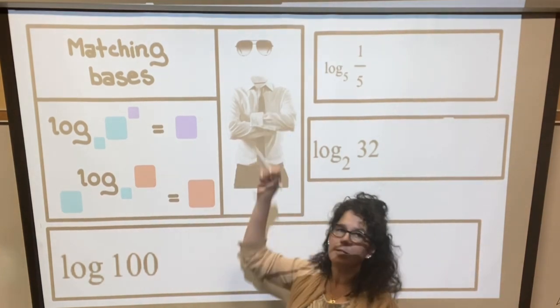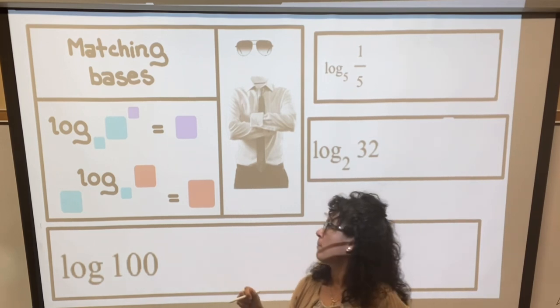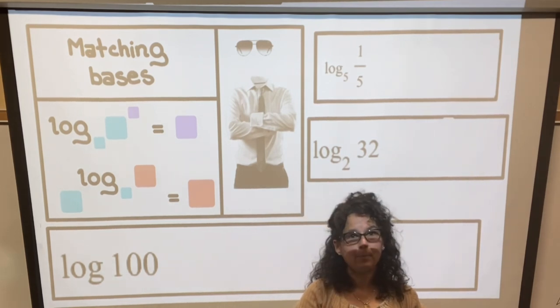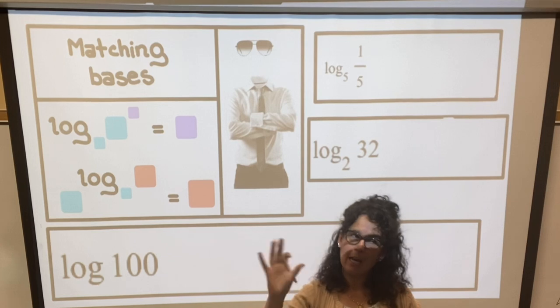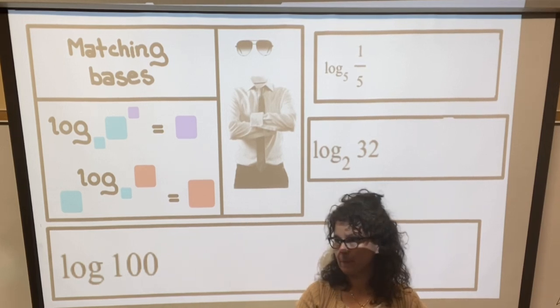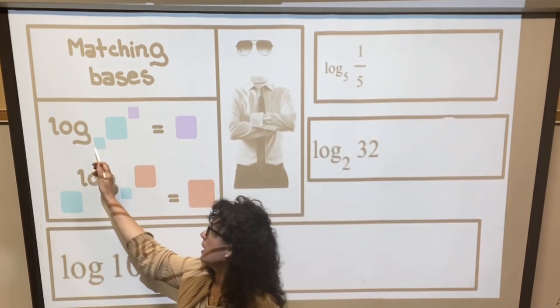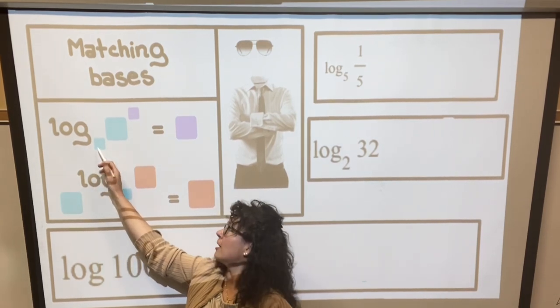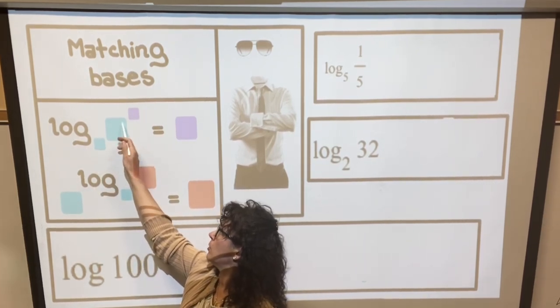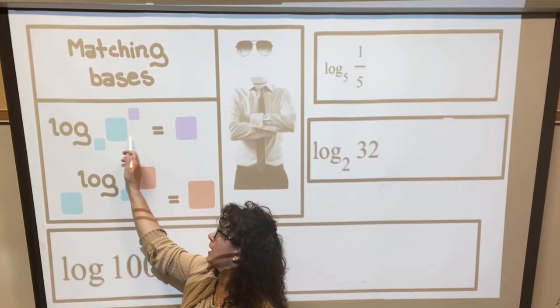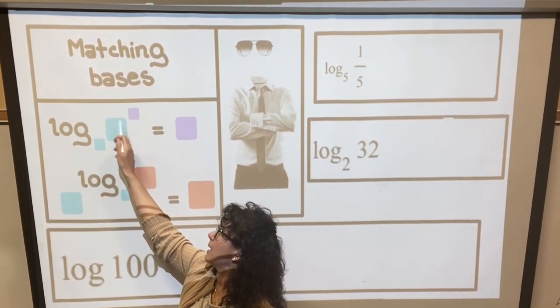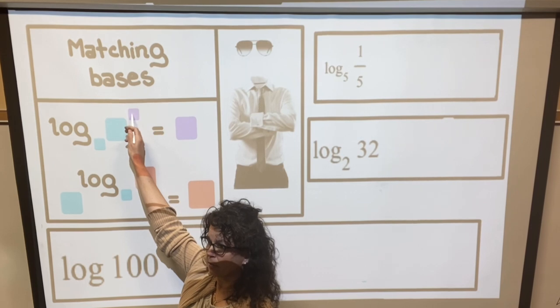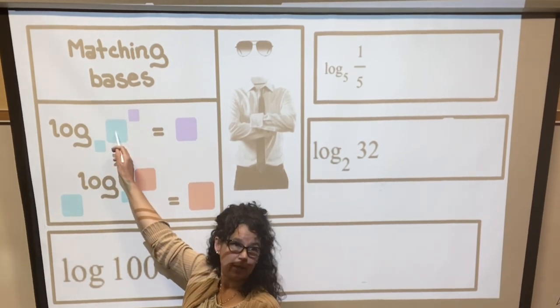Okay, then the next property. I've got this guy's head's disappeared. When you have matching bases, everything kind of disappears. So in this one, the little tiny number here is called a base. Now if I focus only on the blue and the purple, that's a power. That's a base and that's an exponent. So we have a base and we have a base.